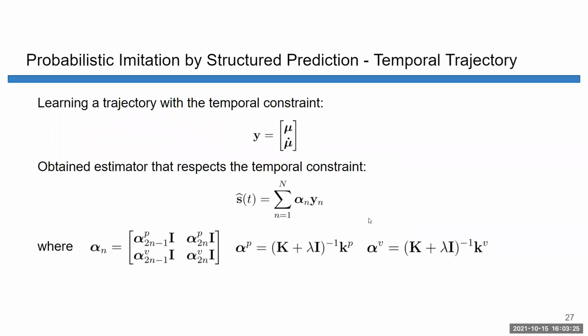In robotics, usually not only position is of interest, but also temporal trajectory, which means we also need the robot to imitate quantities that have position and velocity. So it is possible to show that the proposed method can also deal with the temporal trajectory.